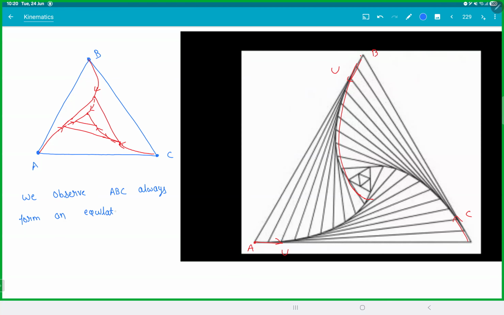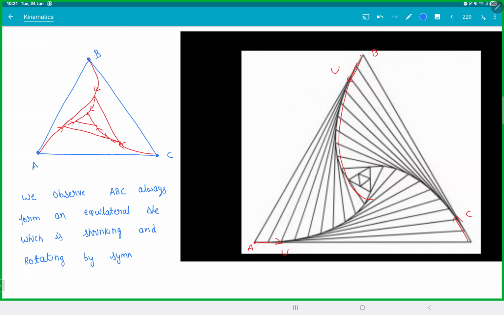They always form an equilateral triangle, which is shrinking and also rotating. By symmetry. If they didn't have the same speed, this wouldn't have happened.